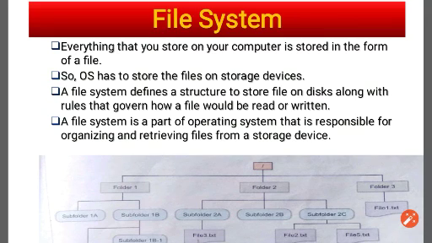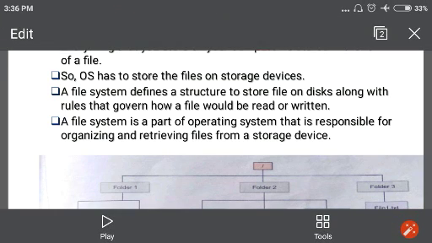So whenever any information is stored, it is kept in the form of a file, and that file is kept with some organization, with some rules, so that we know how we should follow it, how we should get the file to be read or to be written, that is to be maintained.